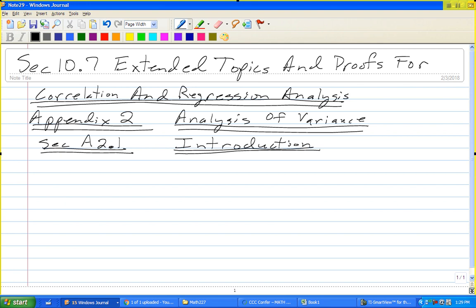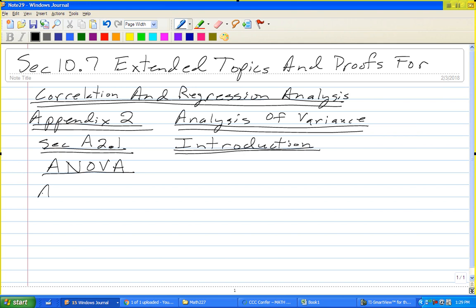Analysis of variance is abbreviated by ANOVA. And if you ever see the word MANOVA, that's multiple analysis of variance.